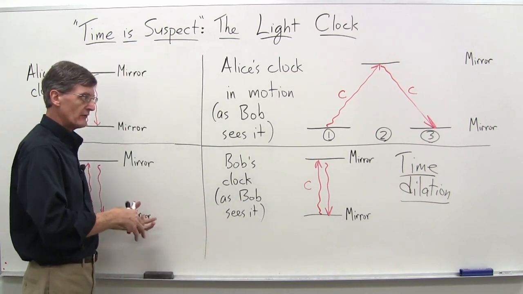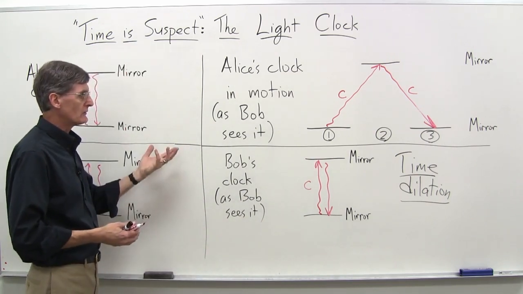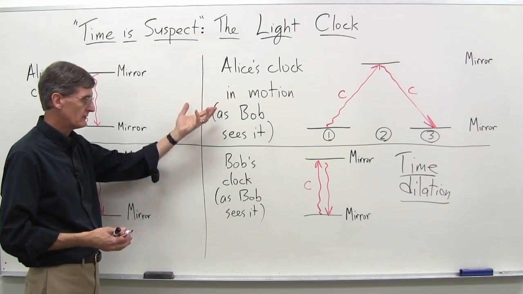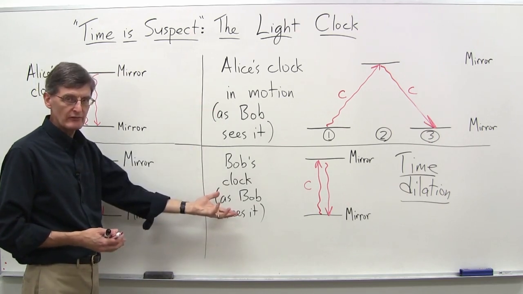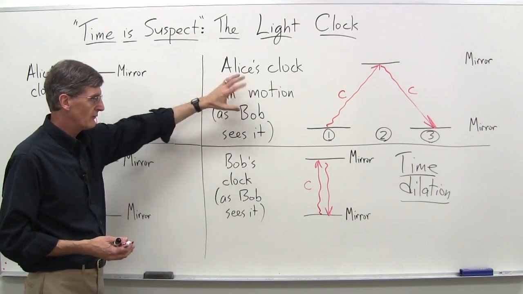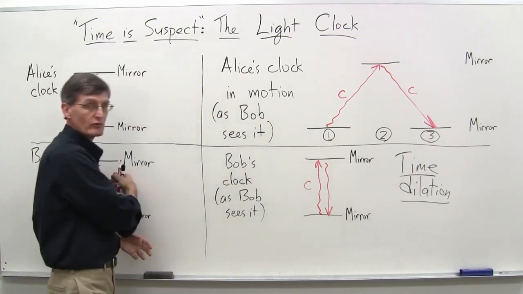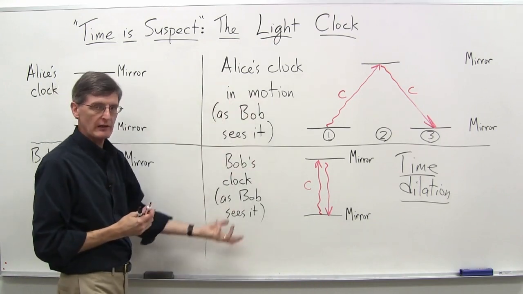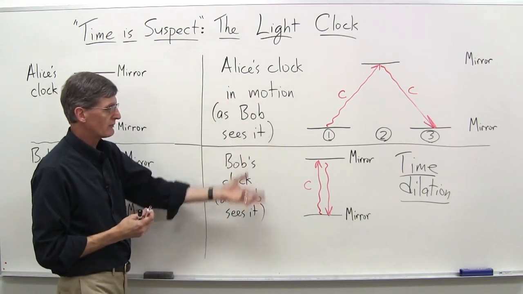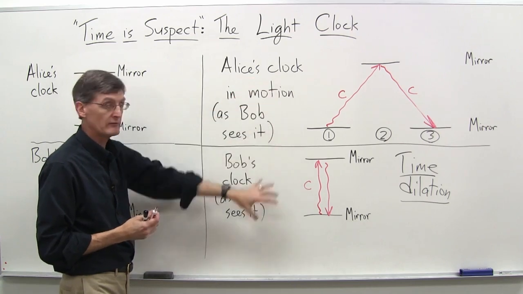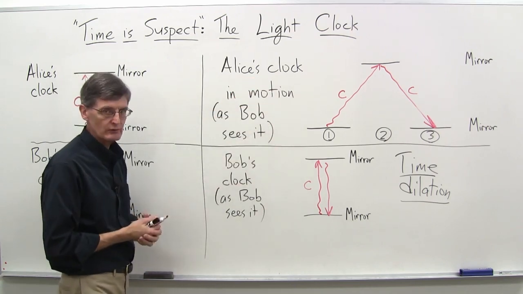Now, there's a flip side of it as well. You could say, well, from Alice's perspective, Bob's clock is running slow, right? Because from Alice's perspective, she is stationary. It's Bob who's moving this way. And she could do this exact same analysis that we just did for her clock, from her perspective on Bob's clock. And she would conclude that his clock runs slow.